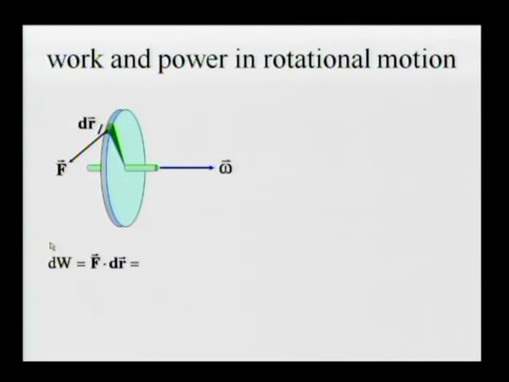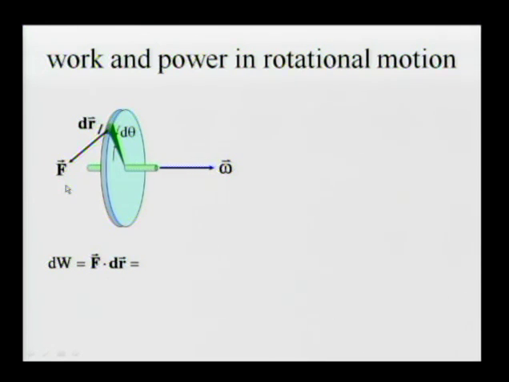This is work which affects the total kinetic energy, because I'm multiplying force by the displacement of the particle on which the force is exerted. Now, the displacement of that particle is related to that angle.